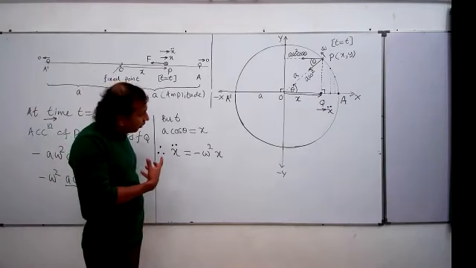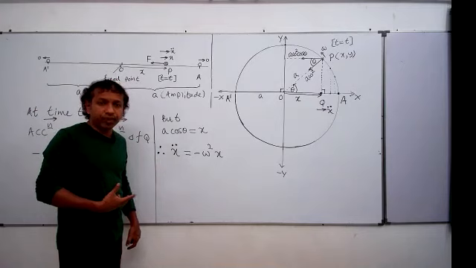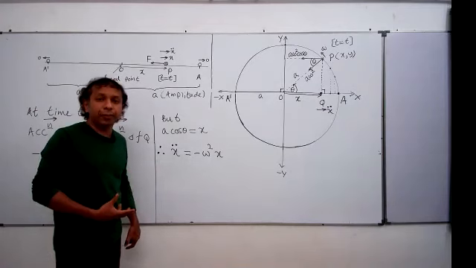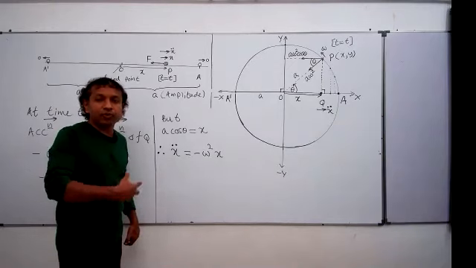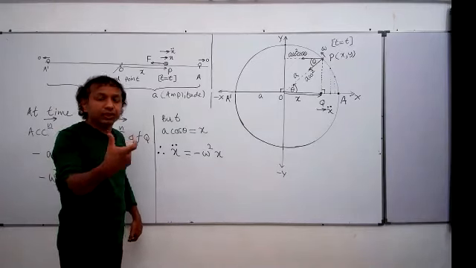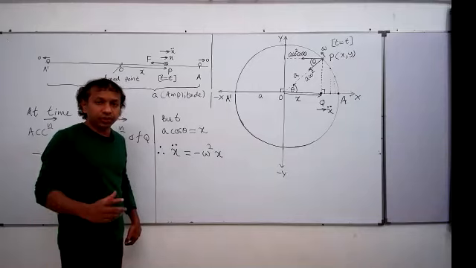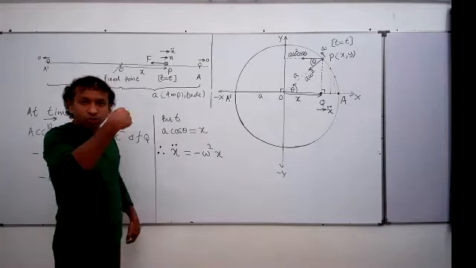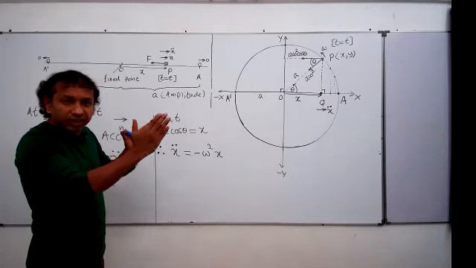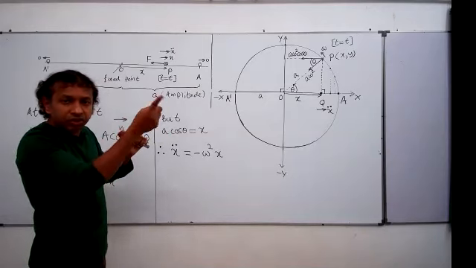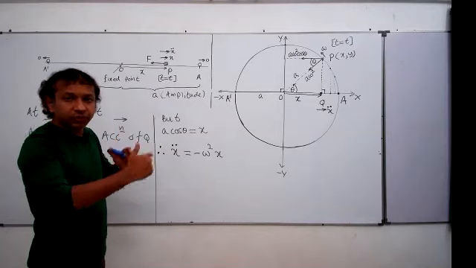People, this one is very useful to find the time the particle that moves in simple harmonic motion takes to complete a particular journey. On that occasion, we consider the corresponding circular motion and the two points of the particle that moves on the circular motion during that motion.